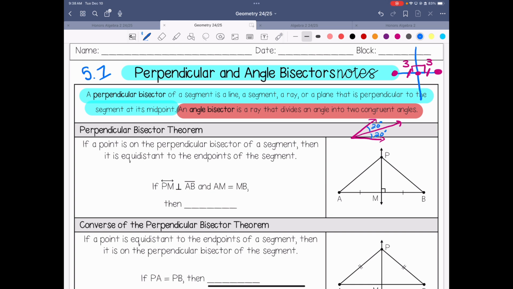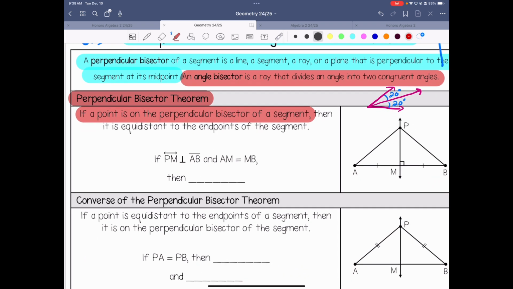Of what perpendicular bisectors are. Now, the perpendicular bisector itself does something that's pretty unique. And that's the perpendicular bisector theorem. The perpendicular bisector theorem says that if a point is on the perpendicular bisector of a segment, and writing all this down isn't going to make much difference to you guys.